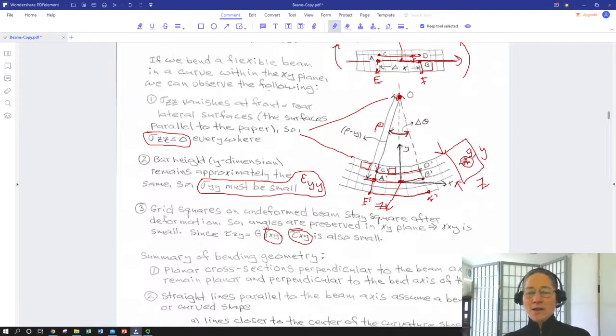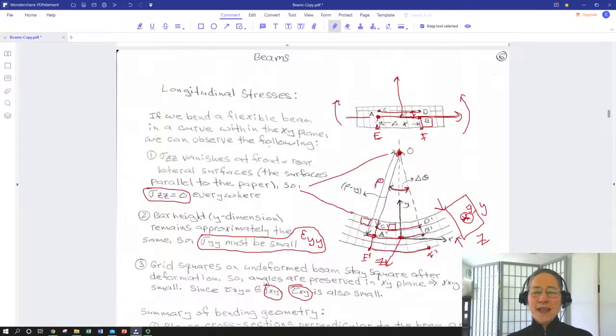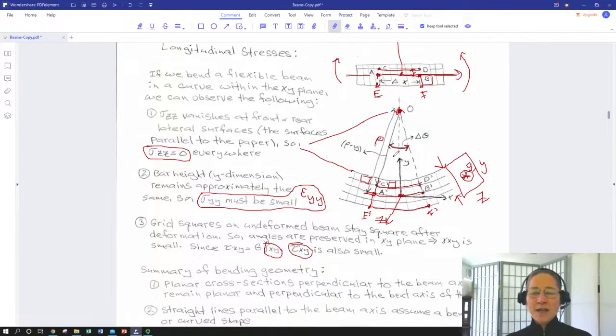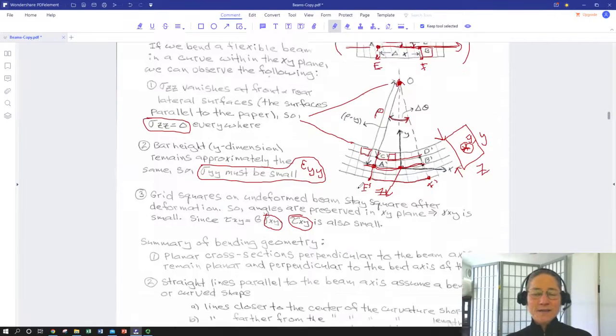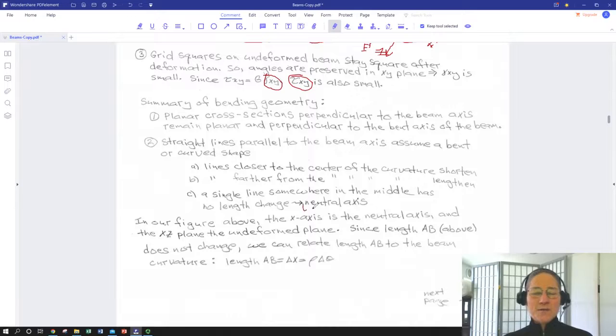So if your line goes through y bar and you don't have any actual normal axial stresses, then that's the y location, from the top of the beam vertically to the bottom, where you're not going to get a length change. That's called the neutral axis, and in this case our line that goes through AB is our neutral axis. So AB is delta x, and the length of the arc from A prime to B prime is also delta x. That becomes very, very important in our longitudinal stress analysis.